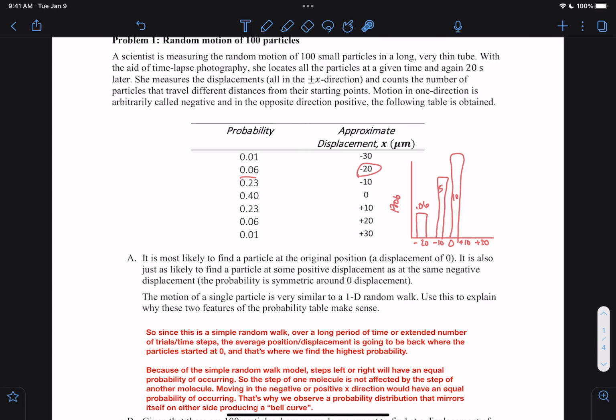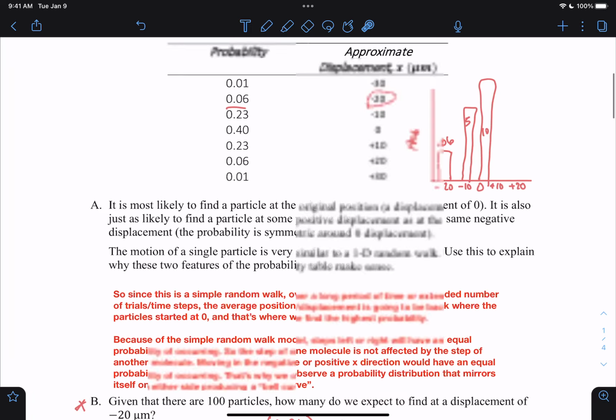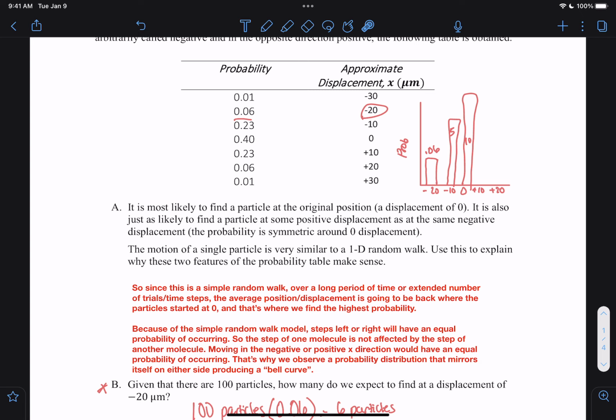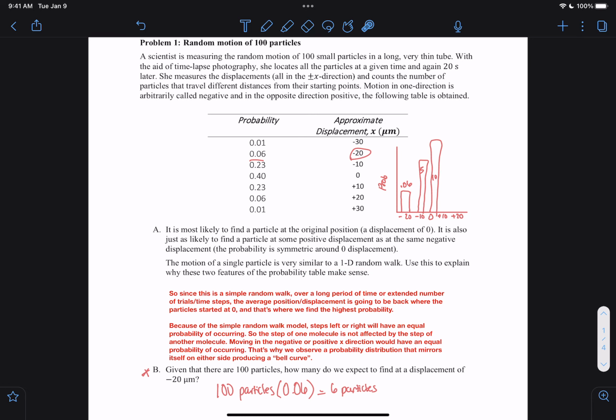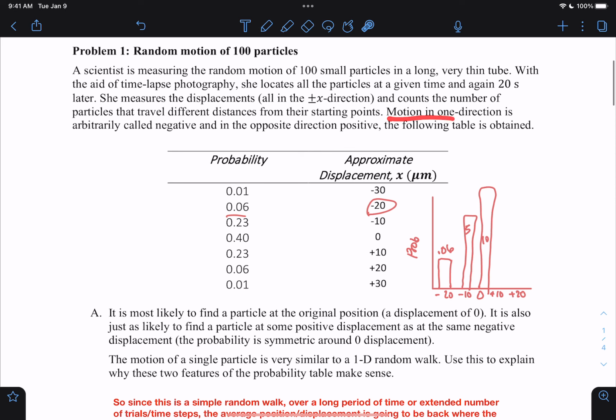But they'll give you either information or a hint as to what's going on specifically. So here they told us that it's very similar to a 1D random walk. So we assume that everything is going to be 1D, and especially since they said here motion in one direction, so they only have positive x or negative x, right?